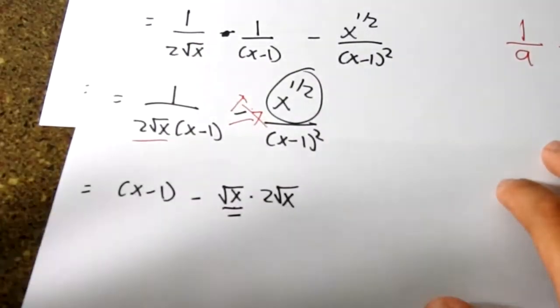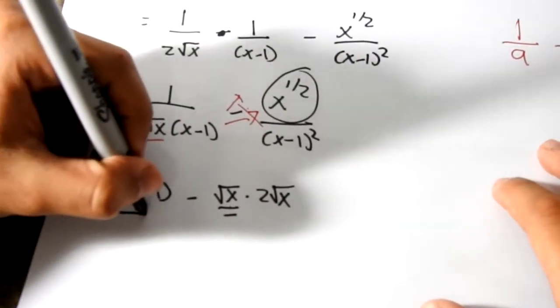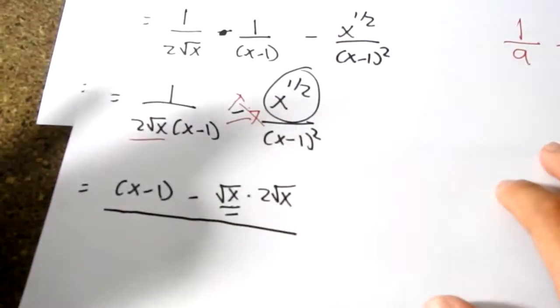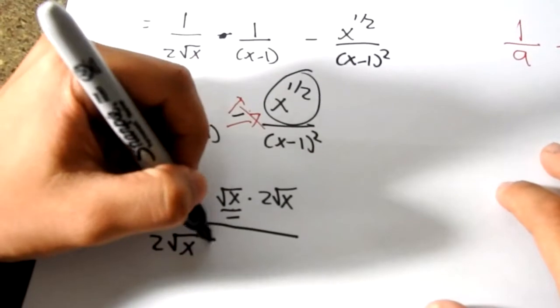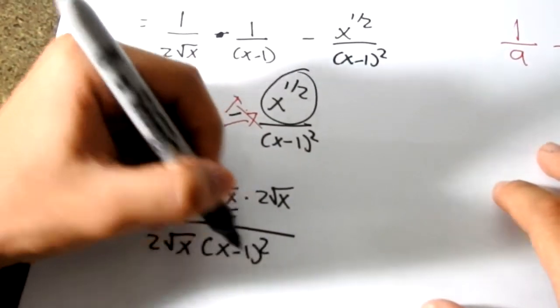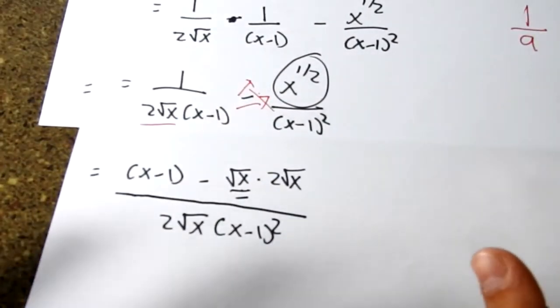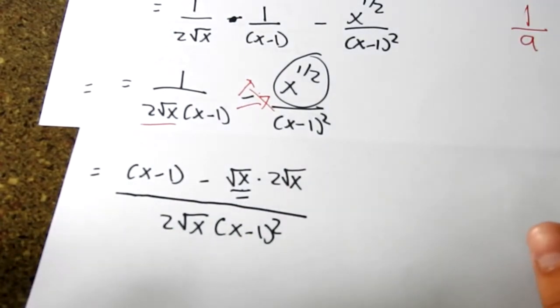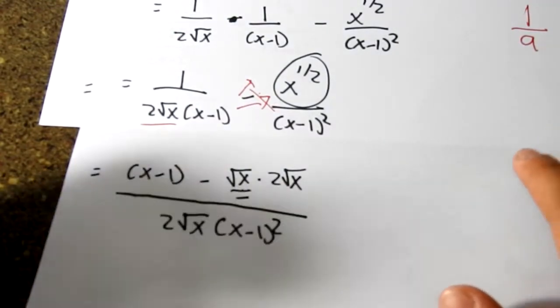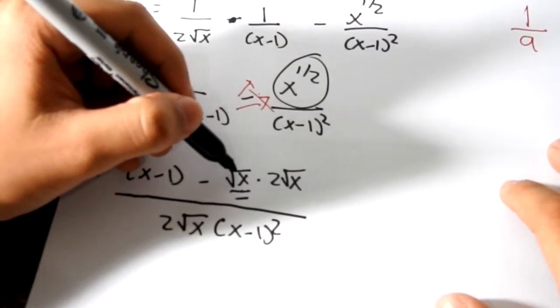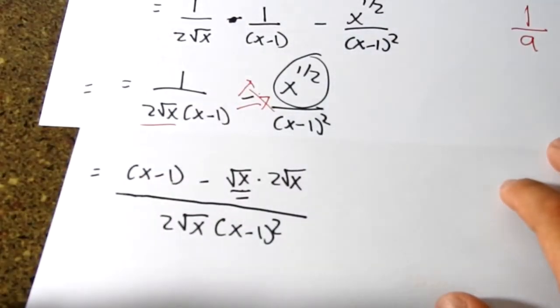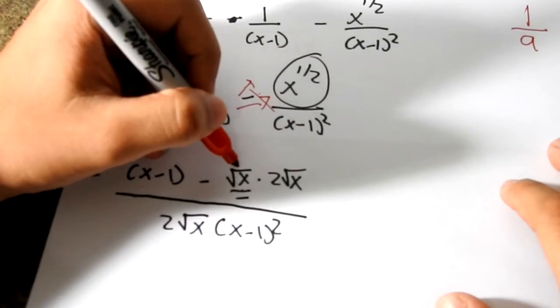So now we have combined the fraction, and now what do we have on the denominator? We have 2 square root of x, and then we have x minus 1 squared. I just did an algebraic process over here. There's not much. And now we have square root of x times square root of x. That's just going to be x, because we have square root of x squared.